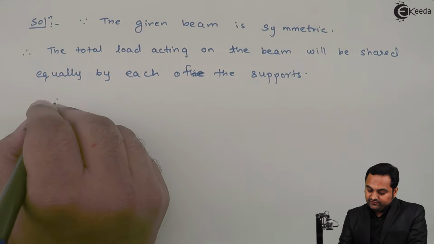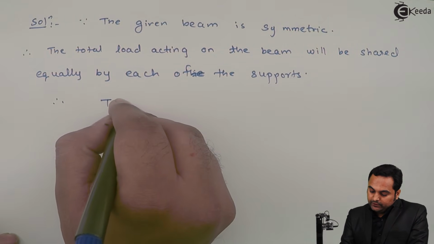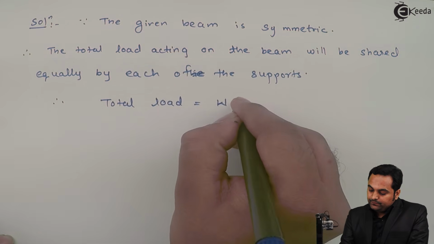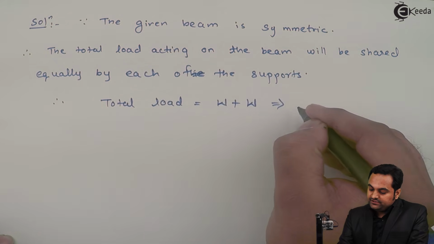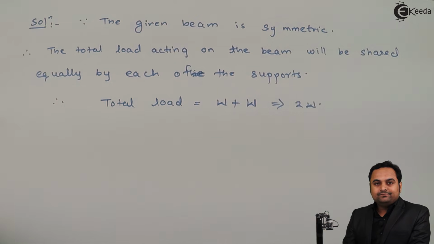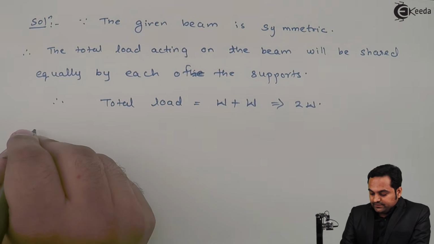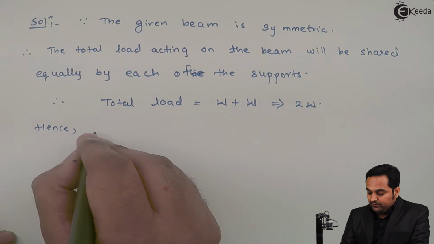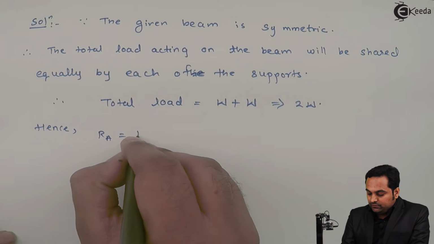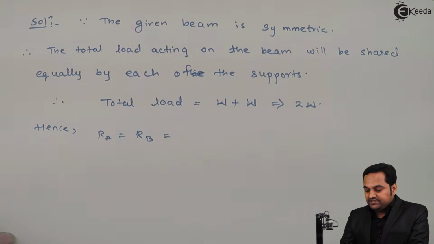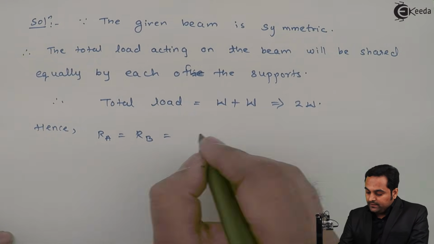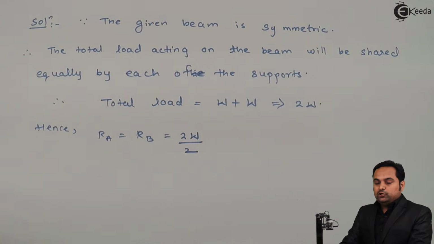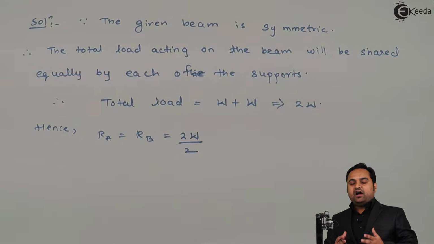So here we have, therefore total load is equal to W plus W, that becomes 2W. Hence I can say that this 2W will be shared equally. So RA is equal to RB, that is reaction at A is equal to reaction at B. That will be equal to 2W by 2, because the load is shared equally, it is half.